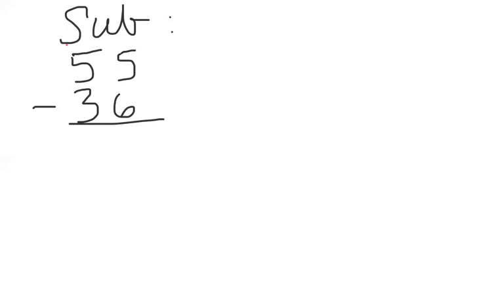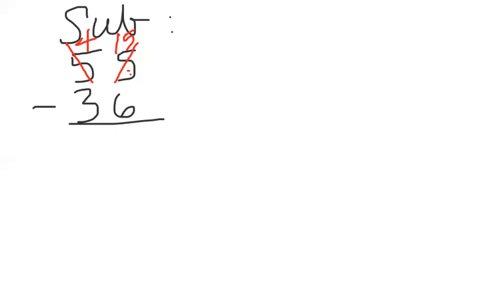So where did you go to borrow? The next digit over. You borrowed 1 from the 5, so that 5 became 4. What did the second 5 become? Anybody remember this? It would become 15. How did you get 15? You borrowed 1 from 5, and the 5 is in the tens place, so 10 goes over to the 5, which makes 15.